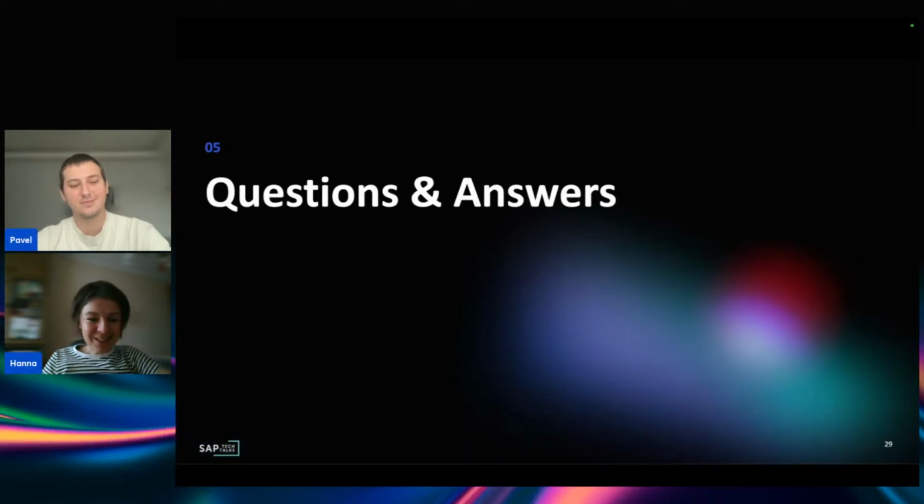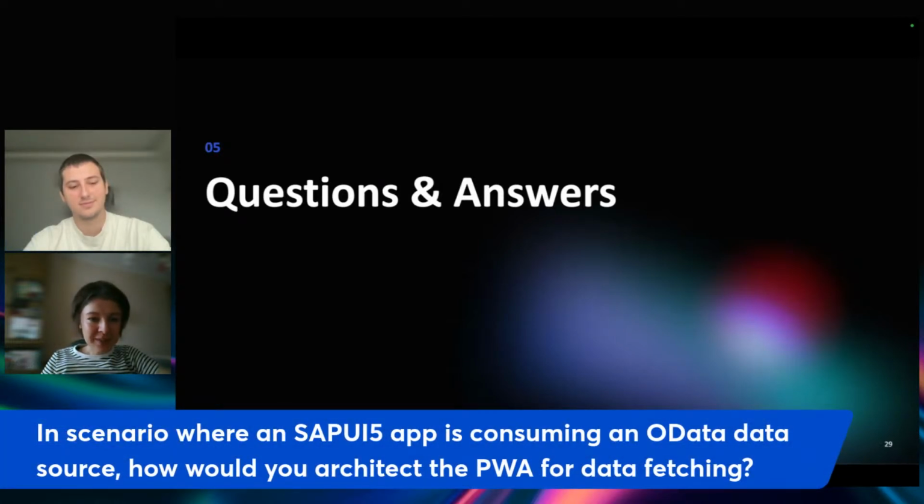And I guess we've got one more question. In the scenario where an SAP UI5 application is consuming an OData data source, how would you architect the PWA for data fetching? Basically we can use, by default, as I mentioned, a network only strategy. But for example, if it's not crucial data, we can pre-cache something and use a network first strategy.